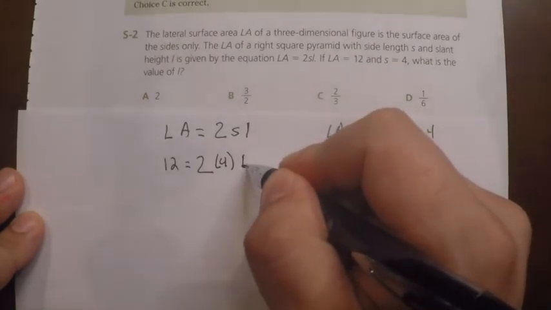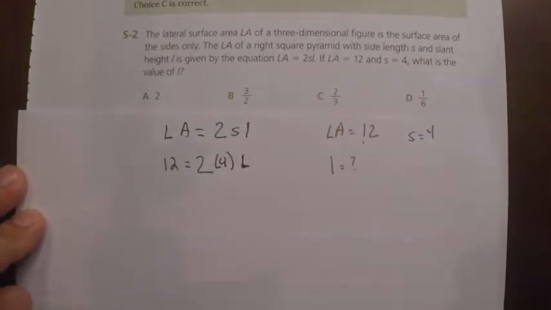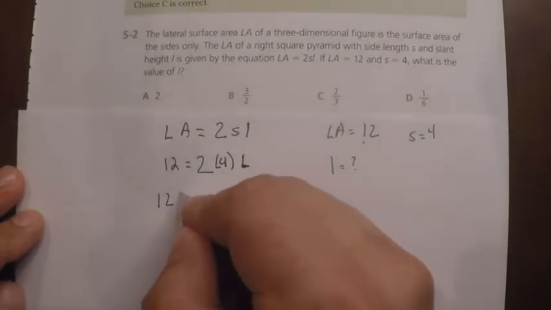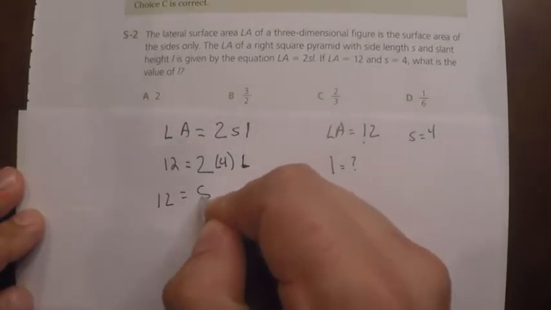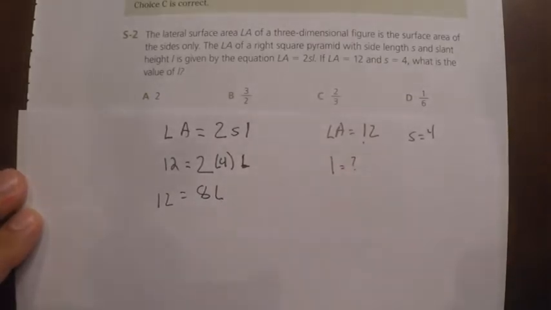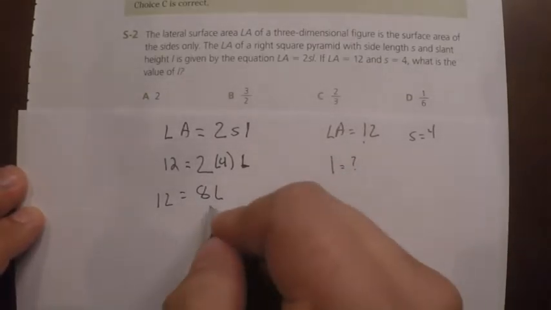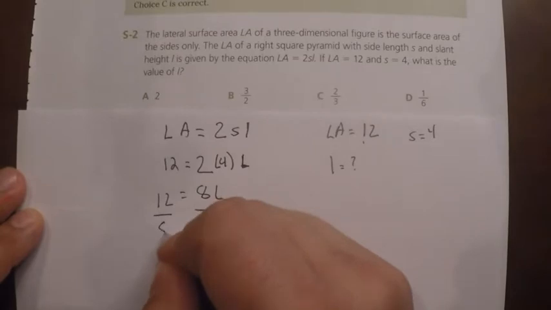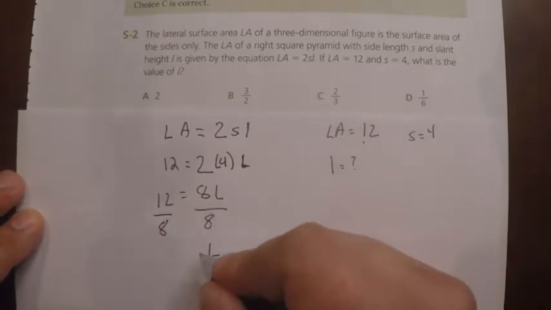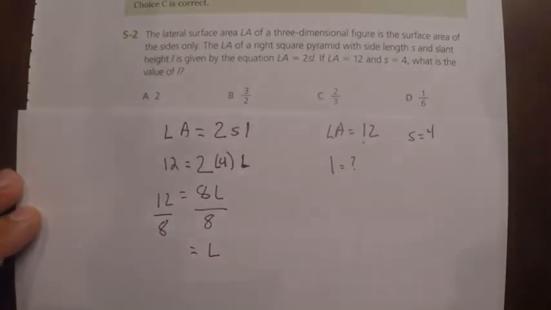Here, I'm just going to make it a capital L so we don't get confused. We multiply our 2 times 4, so 12 is equal to 2 times 4, which is 8L. Then if we want to get L by itself, divide both sides by 8, and we'll have that L is equal to 12 divided by 8.